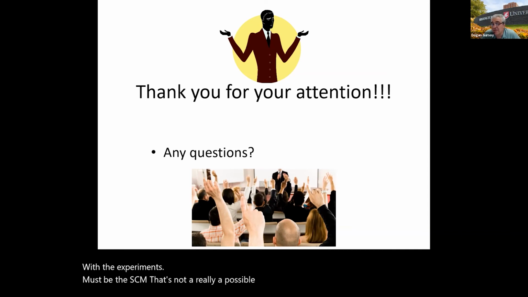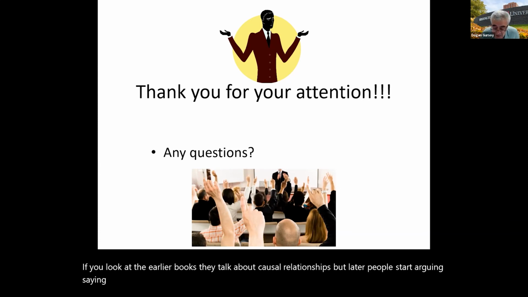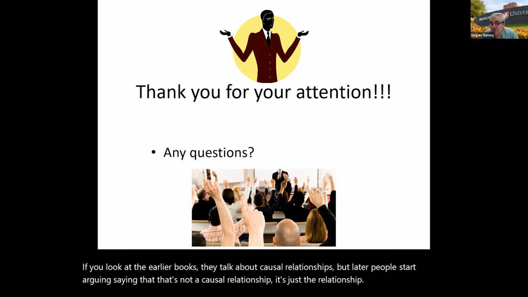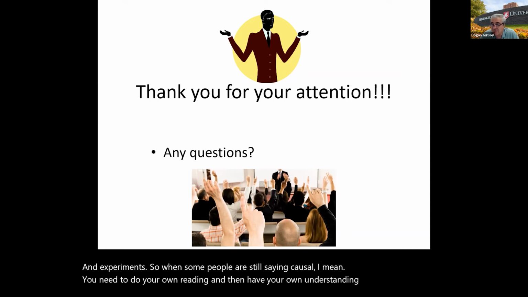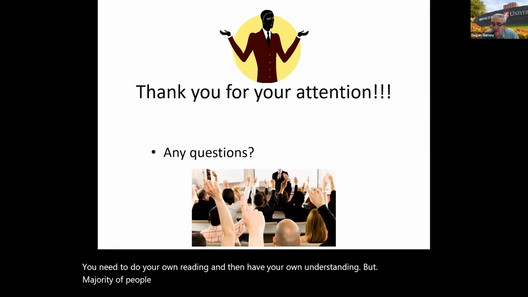Earlier, when SEM was first introduced, it was introduced as a causal model. If you look at the earlier books, they talk about causal relationships. But later, people started arguing that it's not a causal relationship, it's just a relationship. Some people are still saying causal. You need to do your own reading and have your own understanding, but the majority of people now agree that SEM is not a causal model.